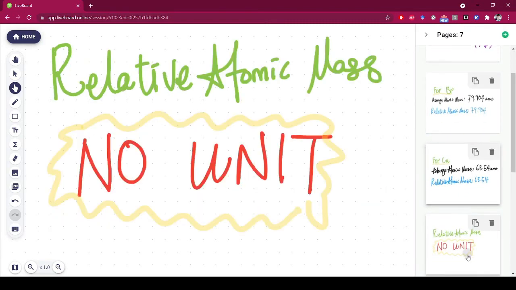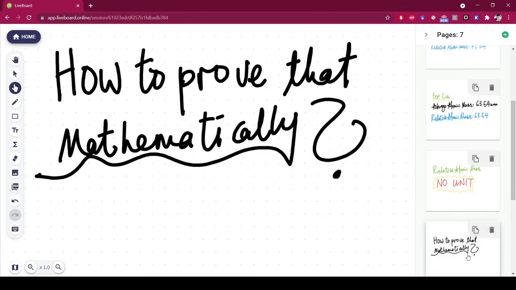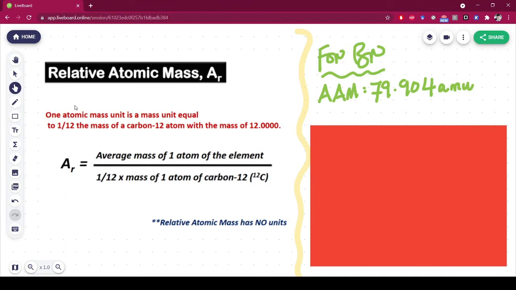Now, some people might say, if relative atomic mass has no units, it is dimensionless, how can we prove that mathematically? Can we do that mathematically? Yes, we can. Let's have a look at this. The relative atomic mass, abbreviated as Ar or RAM, is defined using the atomic mass unit, which equals 1/12 the mass of a carbon-12 atom, with the mass of 12.000.